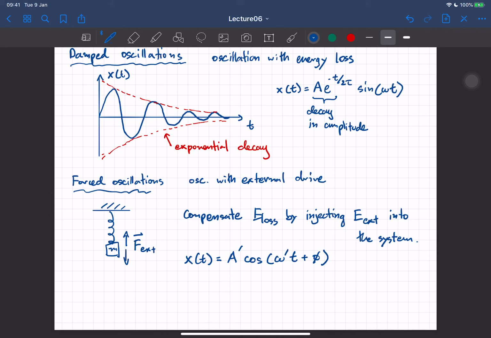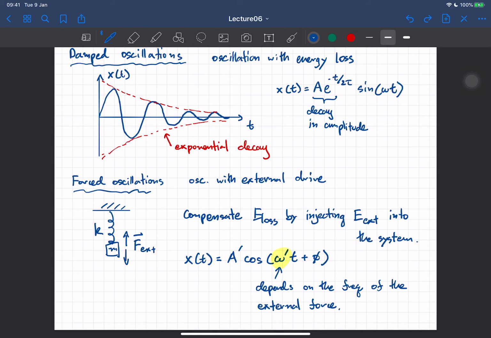The difference here is that when you put in some external force to keep the oscillation going, the frequency of the oscillation, this one is the frequency, depends on the frequency of the external force, which is different from a free oscillation. So remember, if we have just a mass and spring and we let it oscillate freely, then omega is given by the square root of k over m.